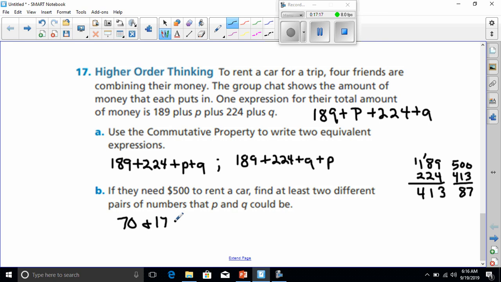I could also make 50 and 37. I suppose I could even make 40 and 47. Any two numbers that are going to equal 87 could be P and Q.